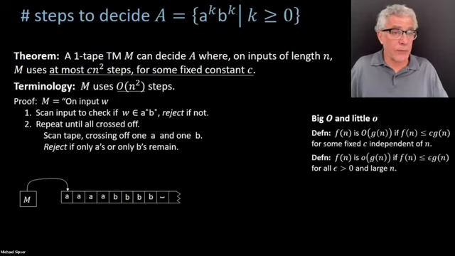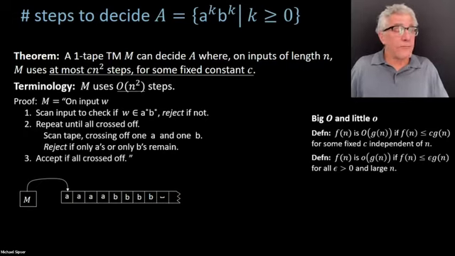If you run out of A's or B's before you run out of the other type, then you know that you started out with an unequal number, and so the machine rejects. If you've managed to cross them all off without running out of one before the other, then you accept. I know this is kind of obvious, but I think it's important to get us all together on this at the beginning. So here's a little animation of the Turing machine doing that.